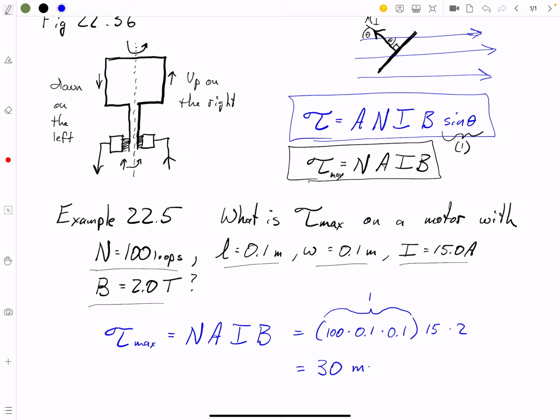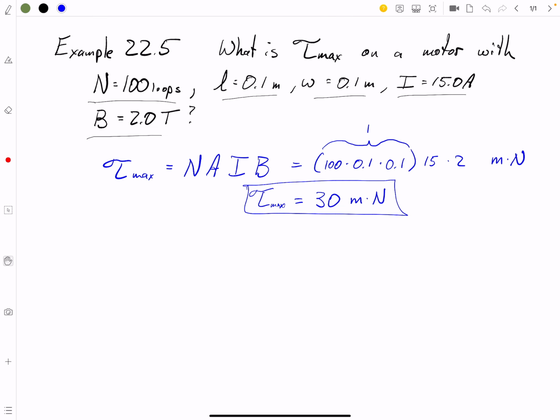meter newtons. Okay, I don't know if you guys remember, but in the end, torque is in meter newtons. And the reason I do torque as meter newtons, so that's the answer. I just want to do something real quick. Torque, meter newtons.